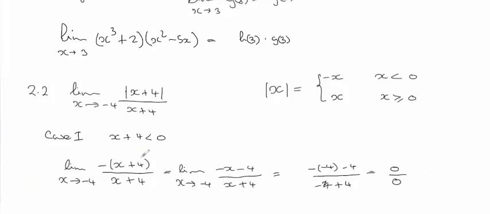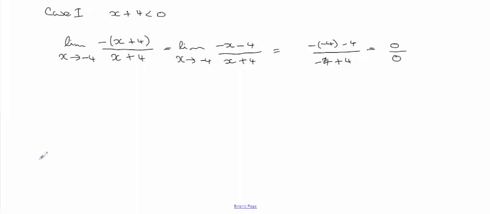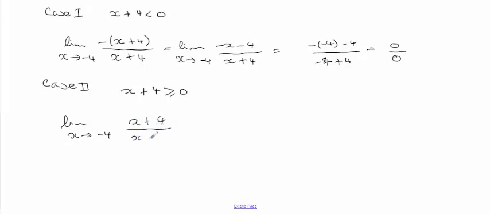Now, on the other hand, if we look at the next case, case number 2, for x plus 4 greater or equal to 0, then this will be the limit as x going to minus 4 of x plus 4 over x plus 4.